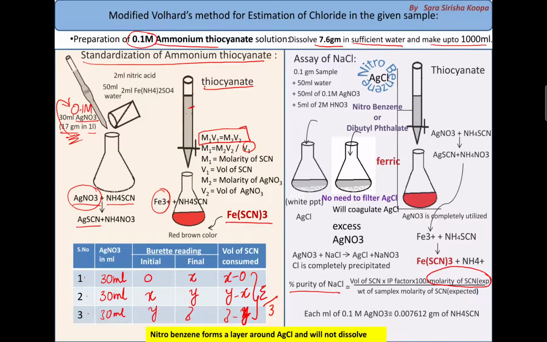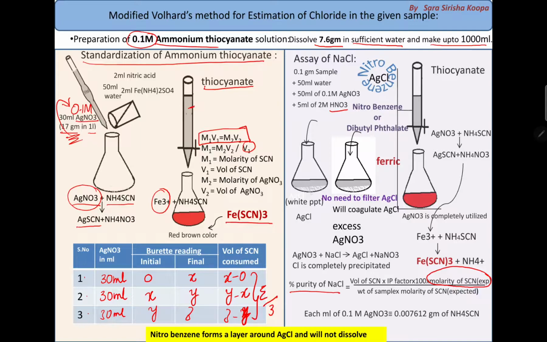Next step, you have to proceed for assay of halides. Here we have taken the sample as sodium chloride, NaCl. Take 0.1 gram of NaCl and to it add 50 ml of water, 50 ml of 0.1 molar silver nitrate and 5 ml of 2 molar nitric acid. In order to maintain acidic conditions, we are adding nitric acid.